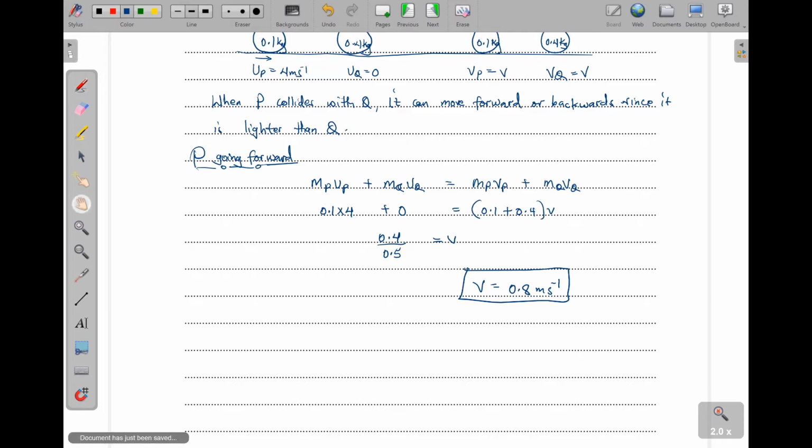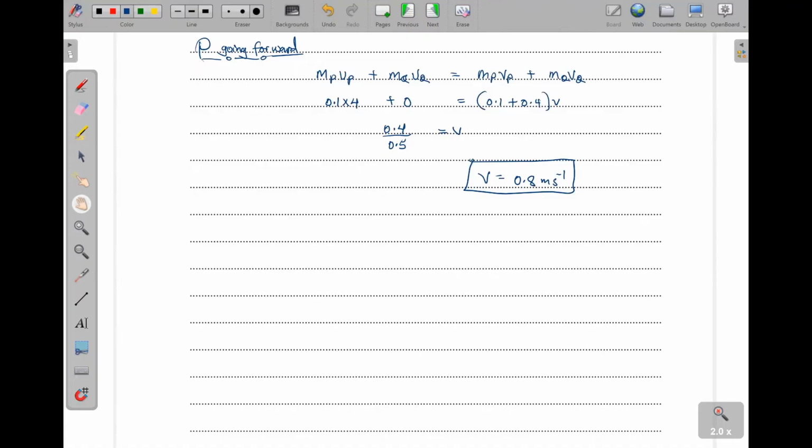And then I also consider P bouncing, or moving backwards. So we again substitute. We shall have 0.1 times 4, plus again 0. This is equal to the mass of P, 0.1, but the velocity of P now will be negative because it is moving in the opposite direction. Remember in momentum we use velocity, not speed.